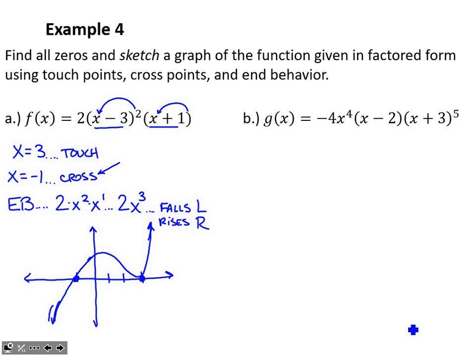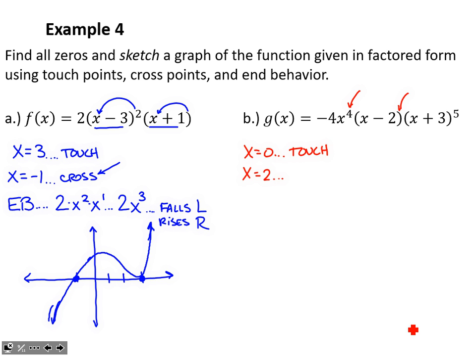Let's try letter B. At x equals 0, I do see a loose x, so x equals 0 is a solution. It's got an even power on it, so I know that is a touch point. I got x equals 2 coming out of this factor, which is only seen once. It's a first power factor.